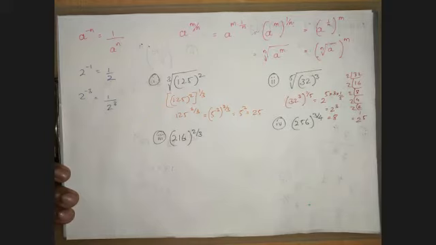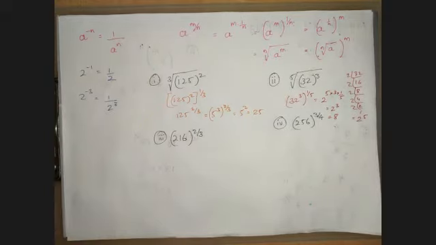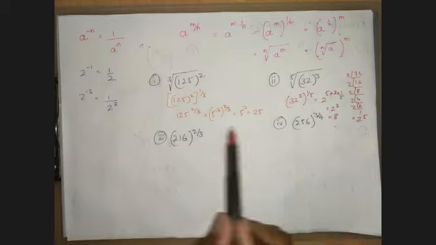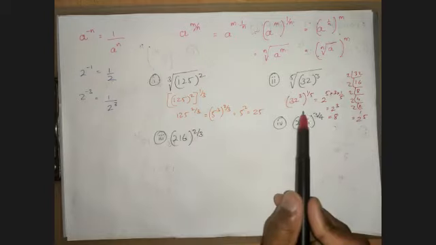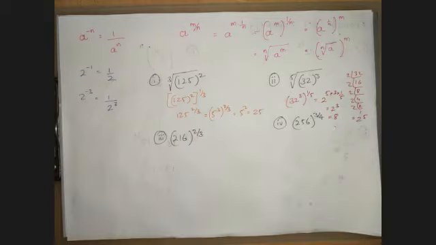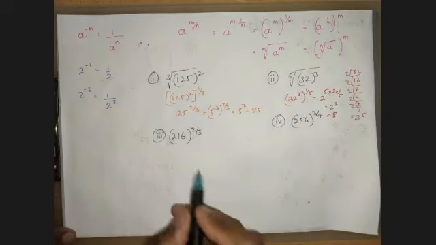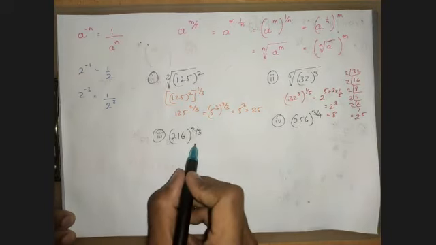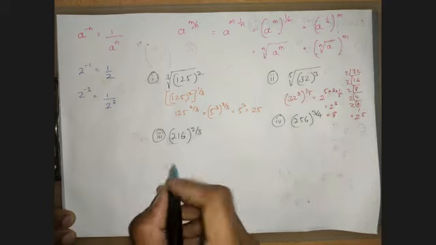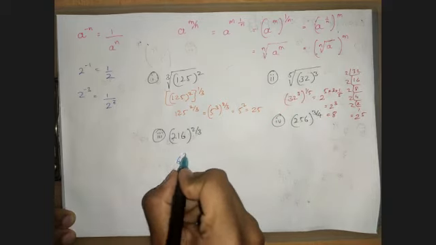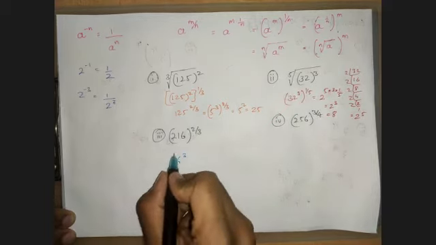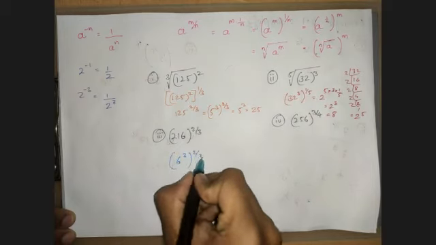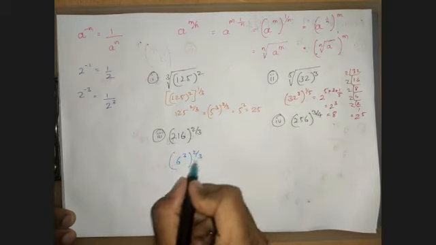Okay. So whenever we have a problem, try to see if it is in the form of a cube or a square or in its simplified form. So this is 216 whole power 2 by 3. I know that 6 power 3, that is 6 cube, is 216. So 216 power 2 by 3 means it gets multiplied, 3 gets cancelled.